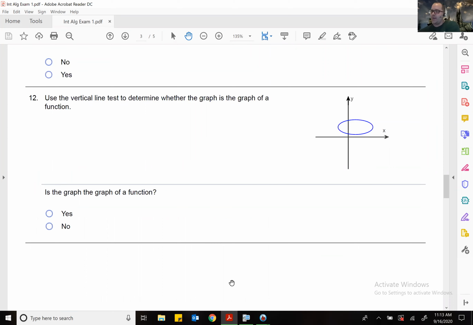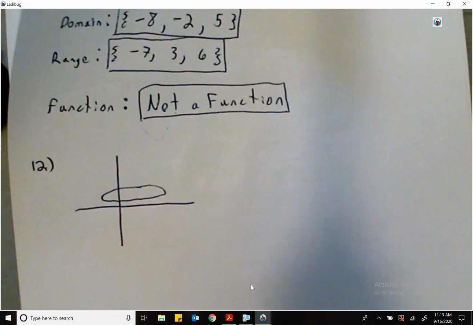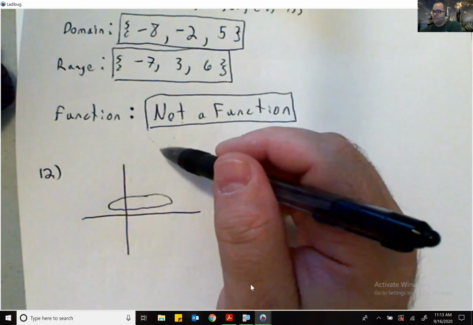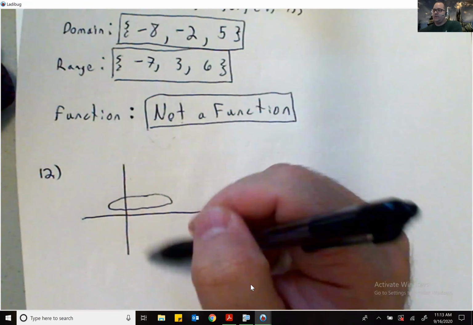So I'm going to make a horrible looking graph on my piece of paper, with an oval. Yeah, that's ugly. But there it is. So the vertical line test says I draw in lots of vertical lines. And let's see.